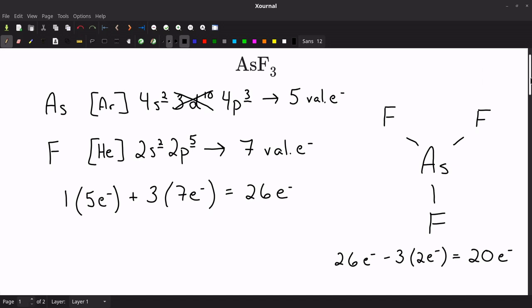If I examine this for a second, this fluorine has 2 electrons already. He can take 6 by the time he gets to his full octet. So that's exactly what I'm going to do. I'm going to give him 6, I'm going to give him 6, and I'm going to give this guy 6.